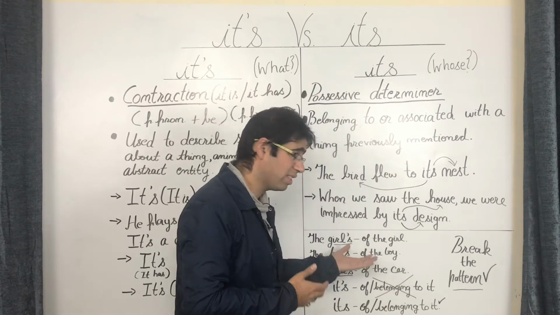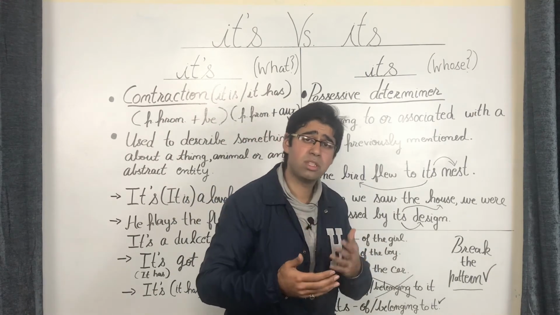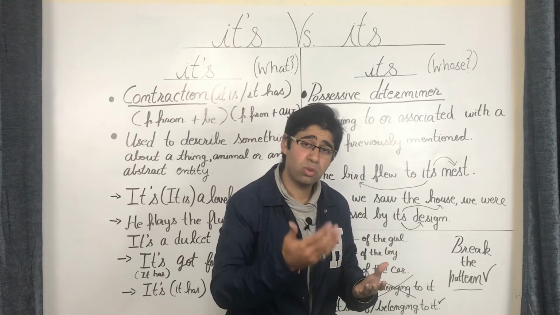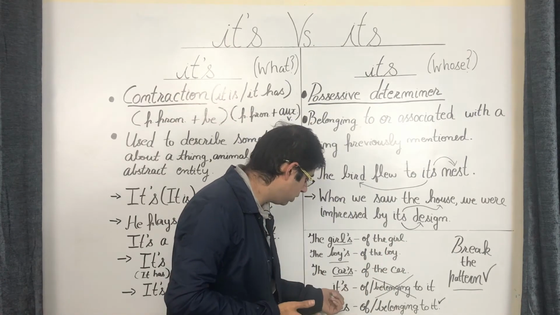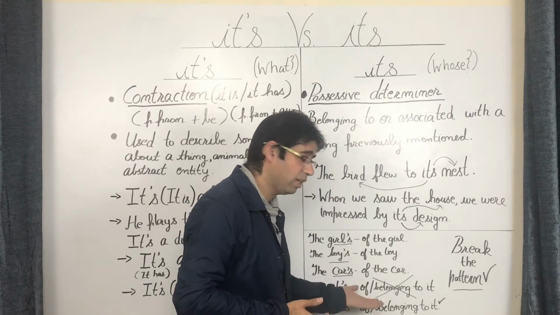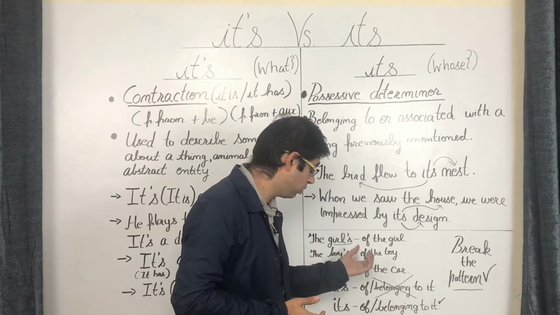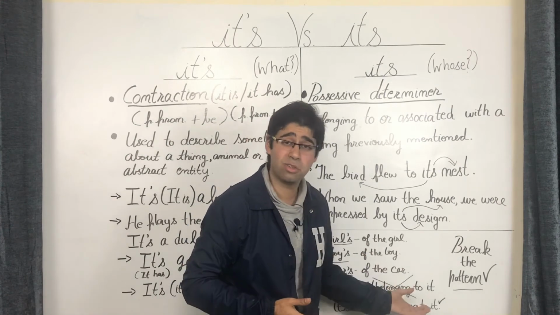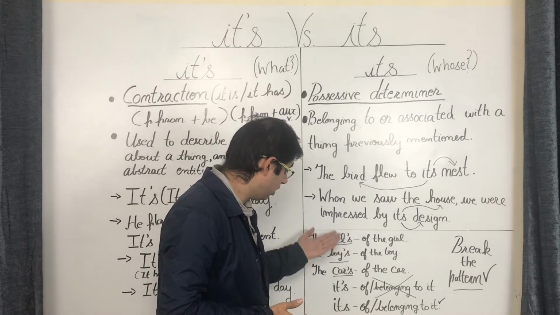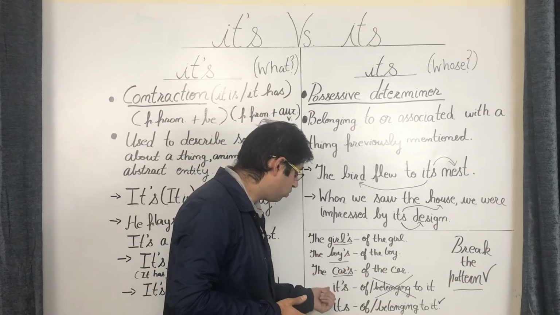Now, what this does is this cajoles the user into believing that if something belongs to it, that too will be expressed with the usage of the apostrophe in the expression "it's", which is exactly where mistakes begin to happen. Now, what you need to do over here is apply the trick, which is break the pattern. What you've been observing with girl's, boy's, and car's is not to be done with "its".